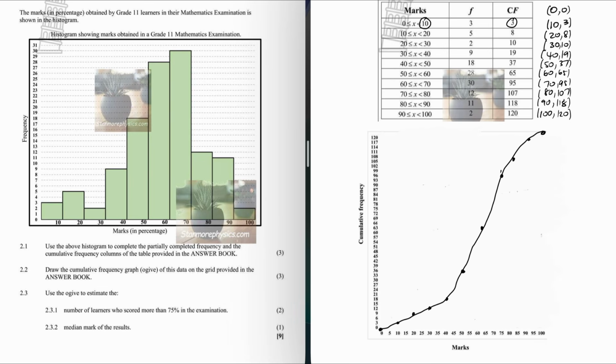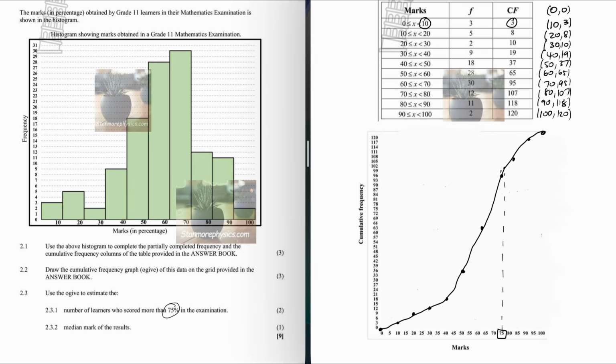Now, question 2.3: use the ogive curve to estimate the number of learners who scored more than 75% in the exam. So we're looking for 75%, and now we need to extrapolate. We bring this up somewhere there, it touches the graph, and then we bring it across.